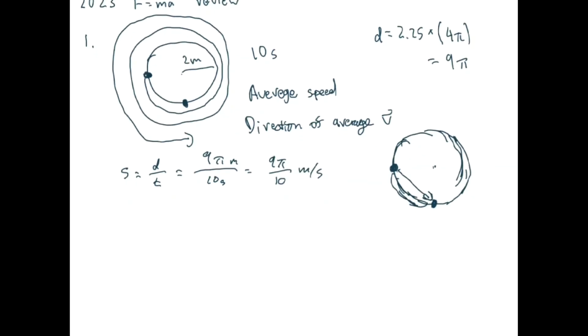So the direction of the average velocity will just be southeast. So the answer then is average speed is 9 pi over 10 meters per second, and the direction of the average velocity is down and to the right.